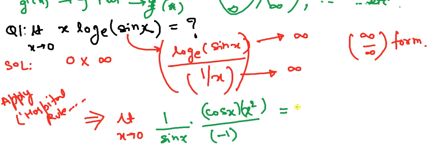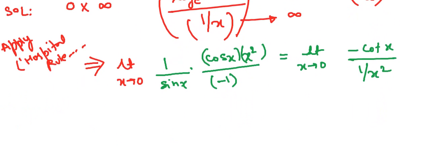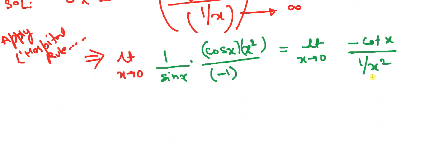So now you can write it as limit x tends to 0 of minus cot x divided by 1 by x square. As you can see, I am again and again keeping x below only, not taking it in the numerator, because 0 into infinity format will come. We need to avoid that.